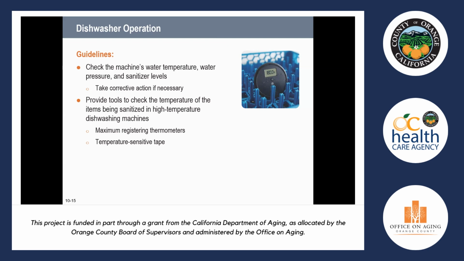The method used must provide an irreversible record of the highest temperature reached during the sanitizing rinse. This ensures that the dishwasher can reach correct sanitizing temperatures during operation. Maximum registering thermometers or heat-sensitive tape are good tools for checking temperatures.